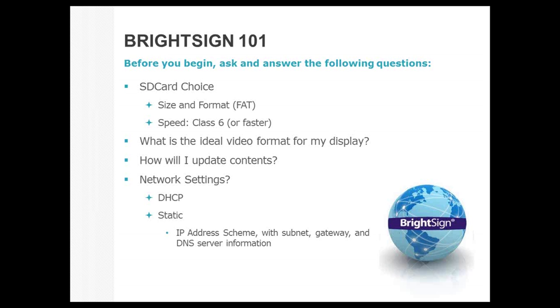When it comes to video file formats, the same is true. We support the generic industry standard video formats: MPEG-1, MPEG-2, and MPEG-4 Part 10, also known as H.264. H.264 is becoming a very, very common video file format. It's used in almost all the consumer video cameras out there today.